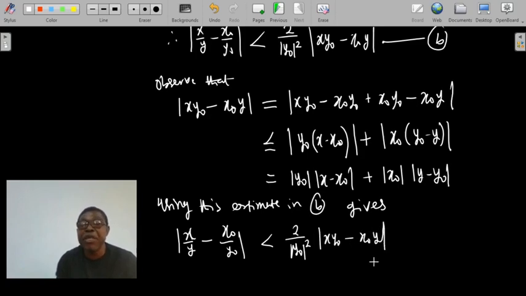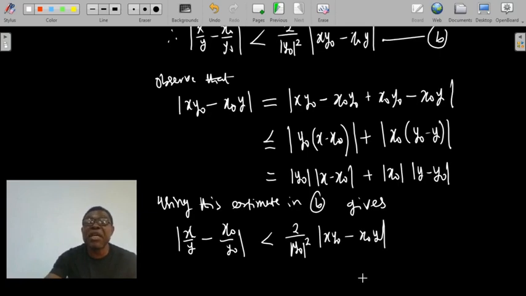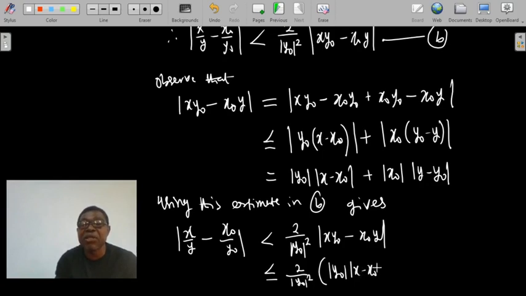I'm just repeating B. But with this estimate, I will now get that this will be less than or equal to 2 over absolute value of y naught squared, then into absolute value of y naught, absolute value of x minus x naught, plus absolute value of x naught, absolute value of y minus y naught. This is what I have now.